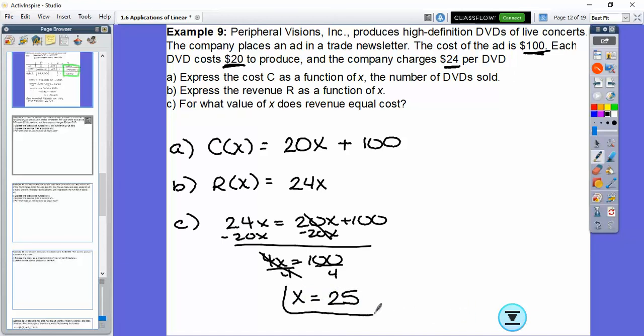So we get 25. So what that means is if they sell 25 DVDs, they have made nothing. That's their break-even point. If they sell less than 25, did they make money or lose money? They lost money. If they sell more than 25, they are making money.